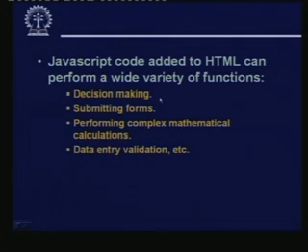We shall see through examples that there are several applications where we can use JavaScript to our advantage. For example, you can have some simple decision making based on an interactive user response. Depending on what the user types in or clicks with the mouse, the JavaScript program can be instructed to take an appropriate action.